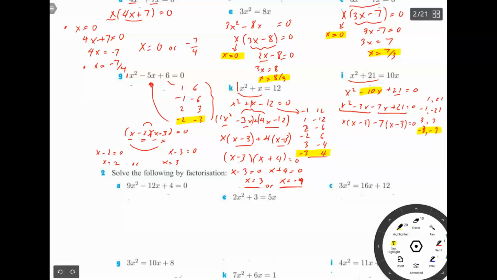And now I see that there is a factor of x minus 3 in each term, so I'm going to factor out x minus 3, and I get x minus 7 remaining. So now the two possibilities are that x minus 3 is equal to 0, or that x minus 7 is equal to 0. If x minus 3 is equal to 0, x is equal to 3. And if x minus 7 equals 0, x is equal to 7. So x equals 3 or x equals 7.